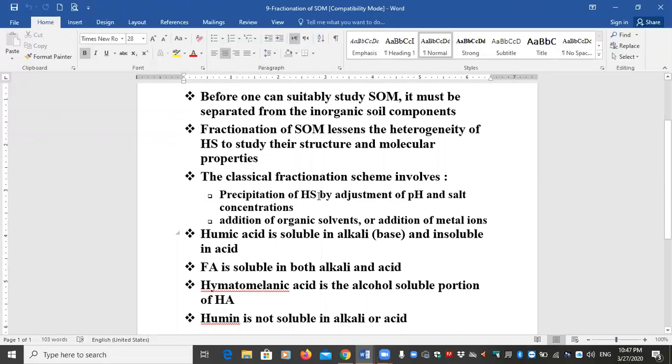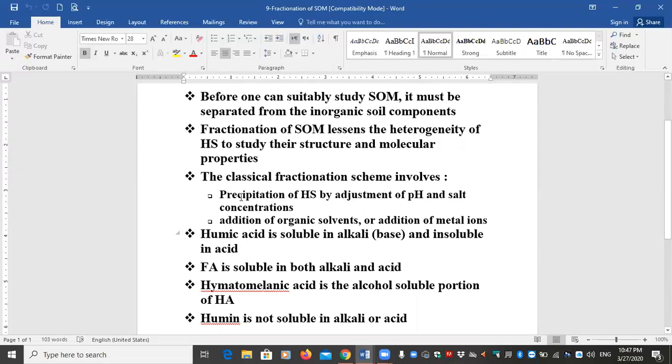Precipitation of humic substances by adjustment of pH and salt concentration. So that means we can make the solution acidic or alkaline. That means we dissolve them in acids or alkaline. That's the adjustment of pH.